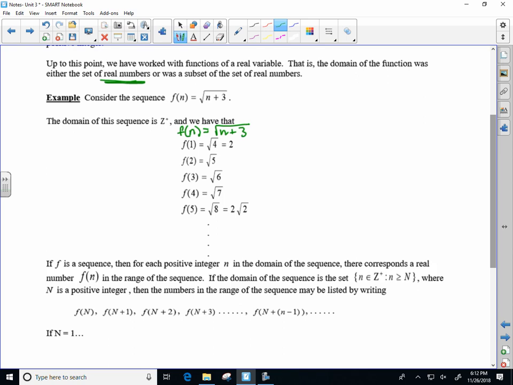If I'm only looking at the positive integer values, I'm evaluating the function for all possible positive integers. Problematic, definitely, because I can't just keep going. I'm going to run out of life. So we need to come up with some way to represent this. And so that's where the notation comes into play.